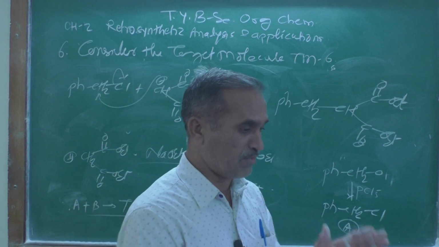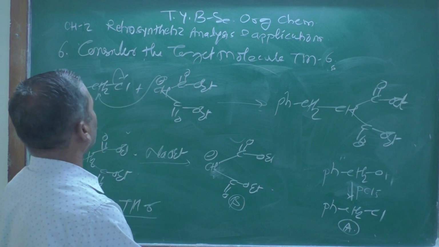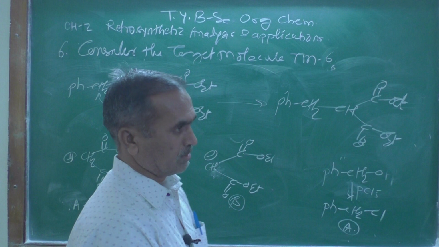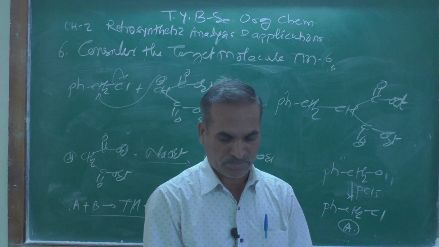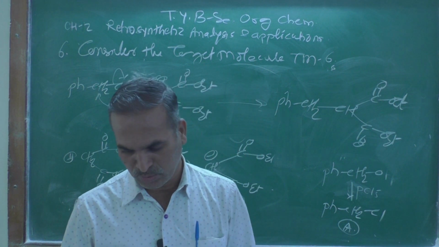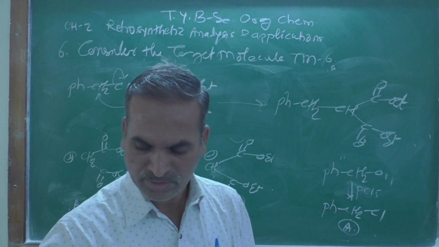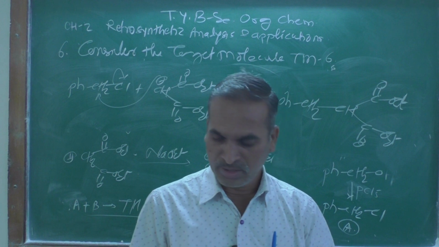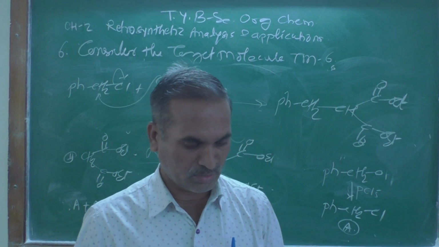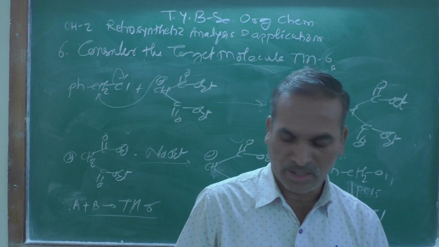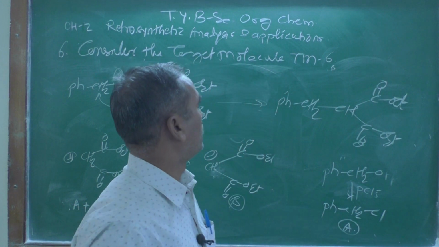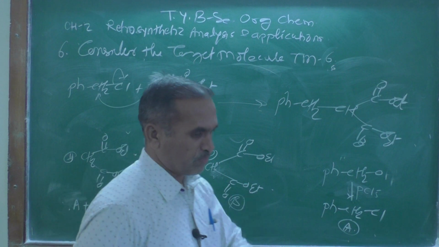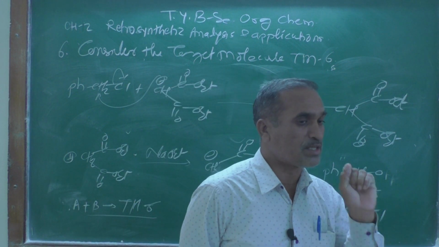In this way we can discuss the retrosynthesis and the synthesis of such target molecules. So this is a way of representing the target molecules. Do you understand this? Among this A and B, which one do you think is the better way?